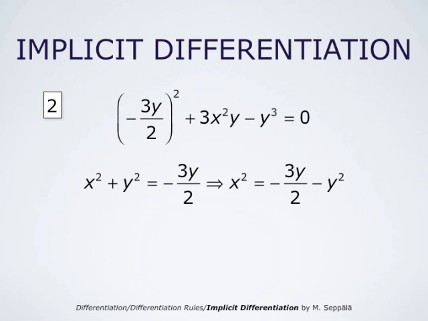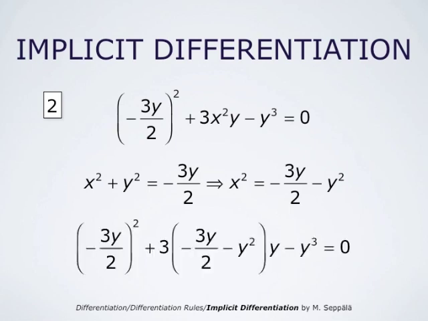So we substitute again, in place of x squared appearing in the middle term, we substitute negative 3y divided by 2 minus y squared, so that we get an equation for y only. And we get in that way (negative 3y divided by 2) squared, plus 3 times (negative 3y divided by 2 minus y squared), and that difference multiplied by y, minus y cubed equals 0.